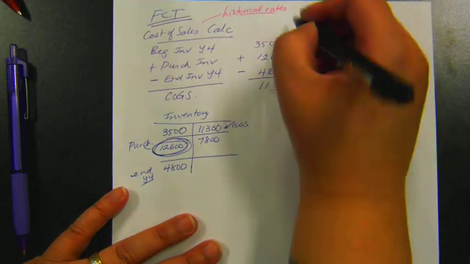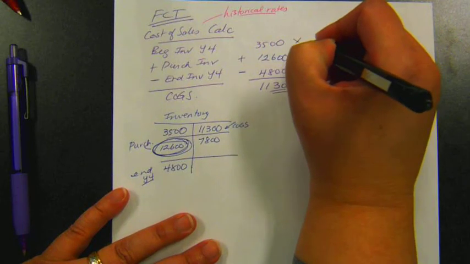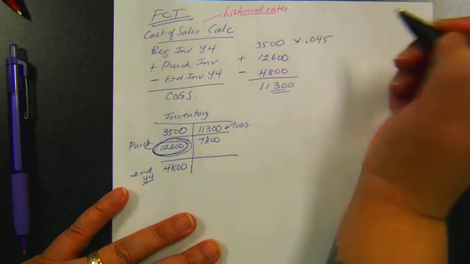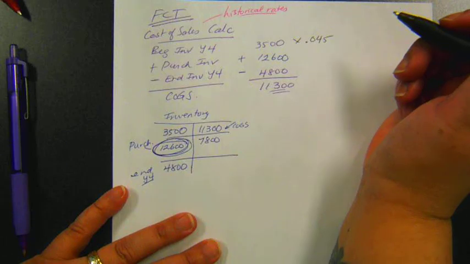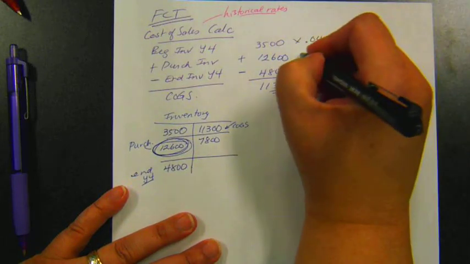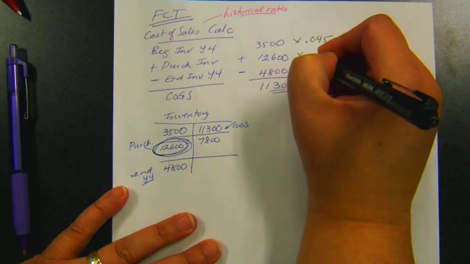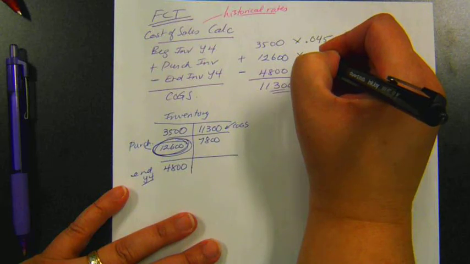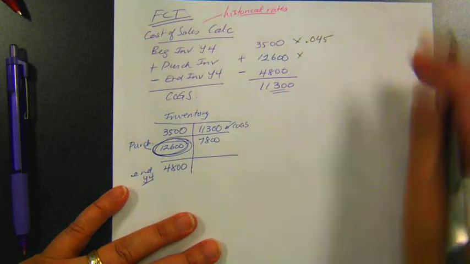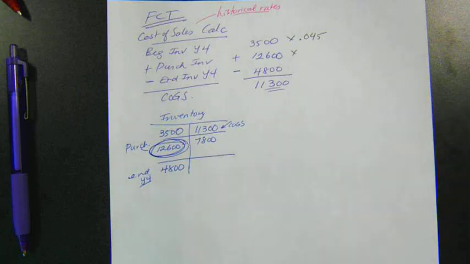Okay, what rate did you get for beginning inventory? 0.045? Hopefully. What about purchases? How come we can use an average rate for things like purchases and sales? Why don't we use the historical rate for each one? Because that would be crazy, right?